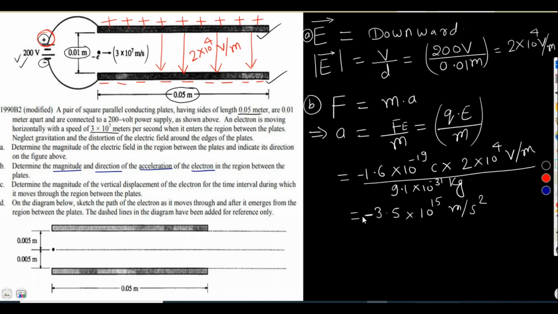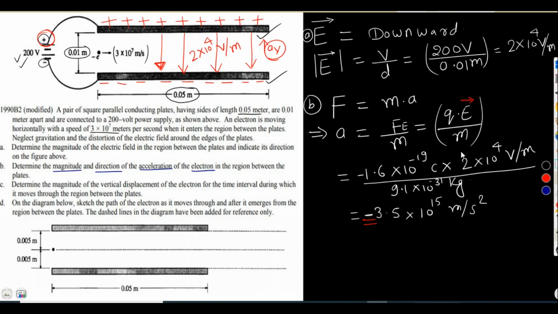What does it mean? Think of it like a vector quantity. Since the electric field is in the downward direction, the force will be in the opposite direction, so the acceleration will be in the positive y direction. It's negative with respect to the electric field.